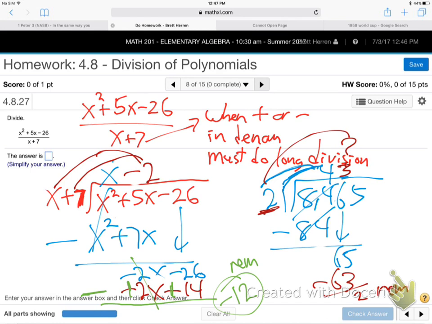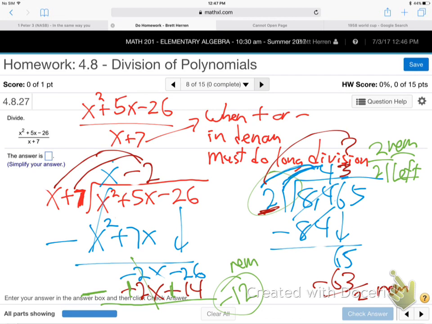How we doing? And how do you write the answer, the final answer? Do you remember for numbers? You take the remainder and you put it over the left. It's 2 over 21. It's remainder over the left.